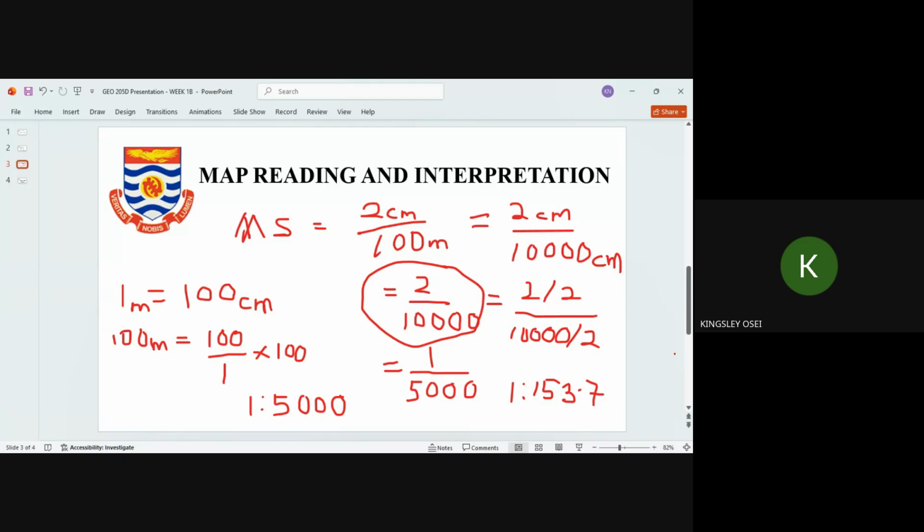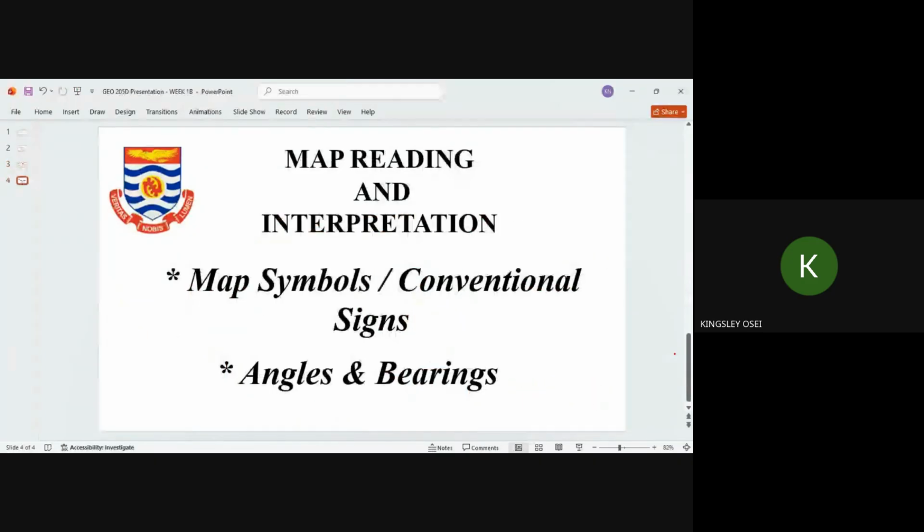Good. So we proceed with our discussion. We want to look at conventional symbols. But before we look at conventional symbols, we are going to talk about map symbols. As you saw in my introduction with respect to maps, one of the essential components I did mention was the legend. What the legend does for us in our maps is to help us understand the various symbols used in the map, what they stand for.